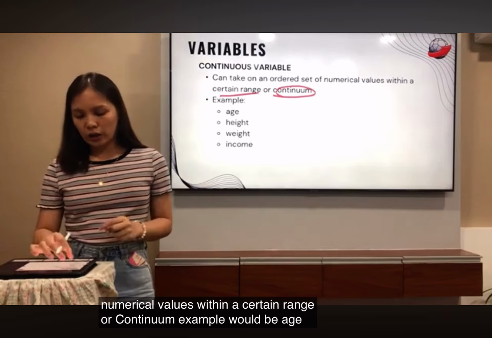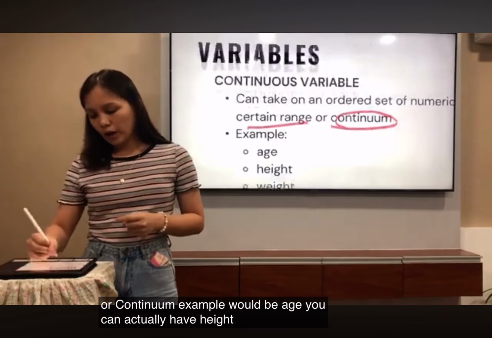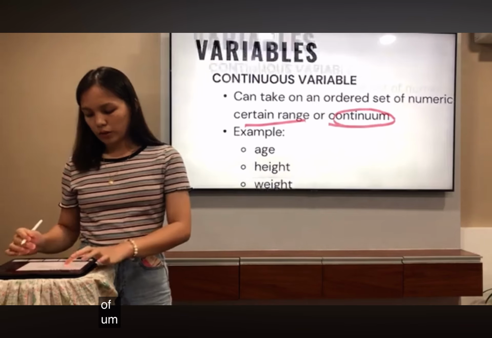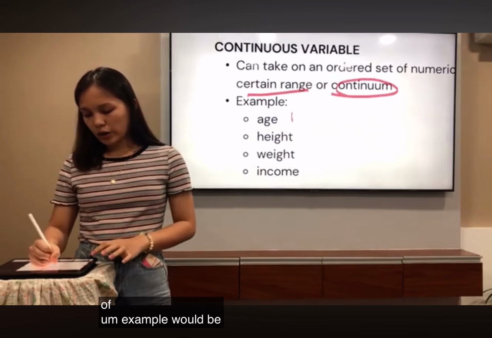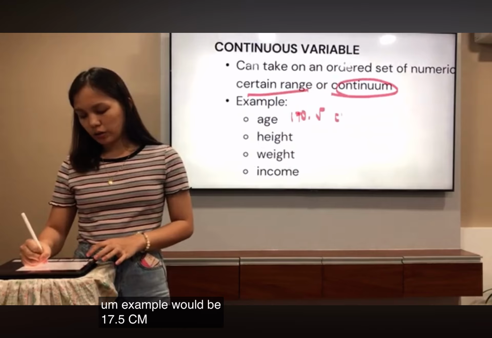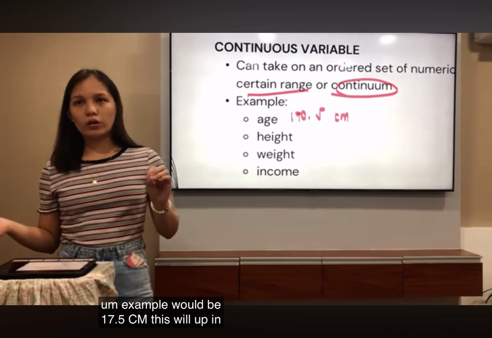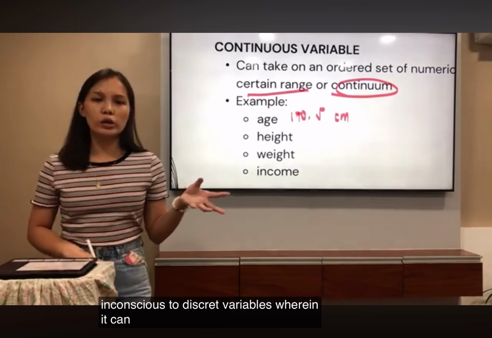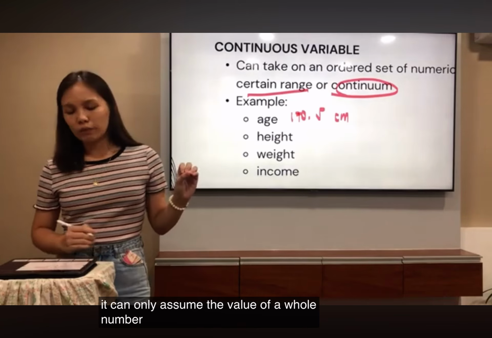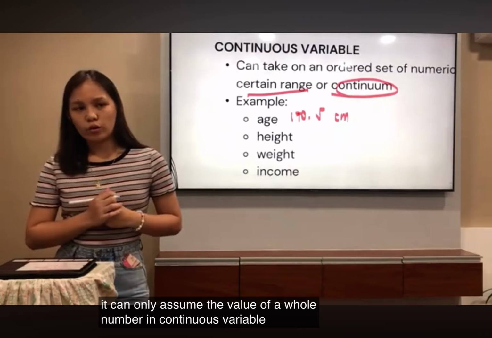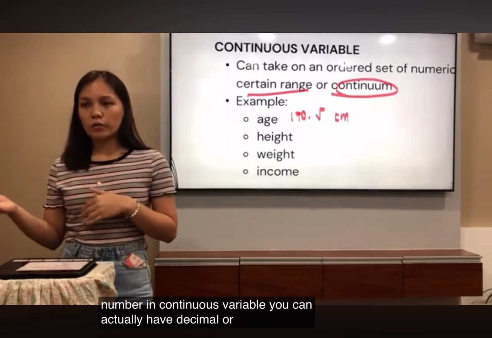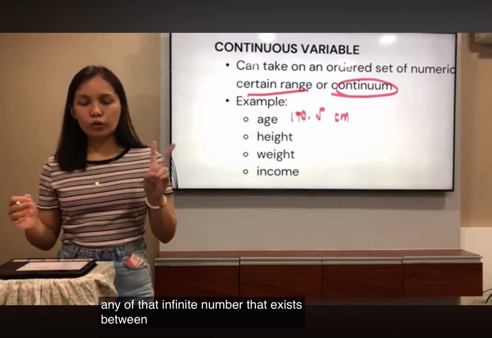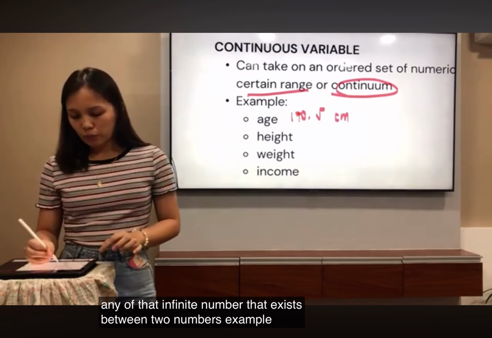An example would be height, 170.5 centimeters. In contrast to discrete variables, wherein it can only assume the value of a whole number, in continuous variable, you can actually have decimals or fractions, or any of that infinite number that exists between two numbers.